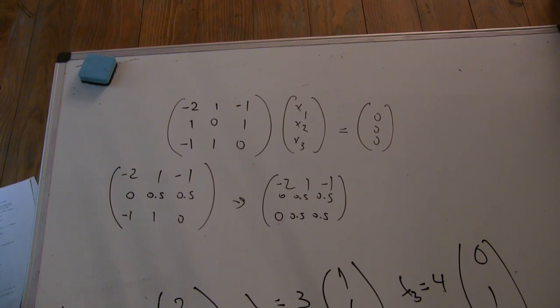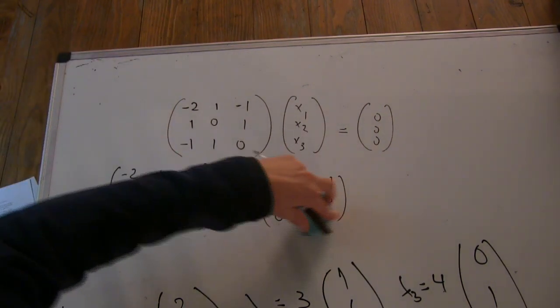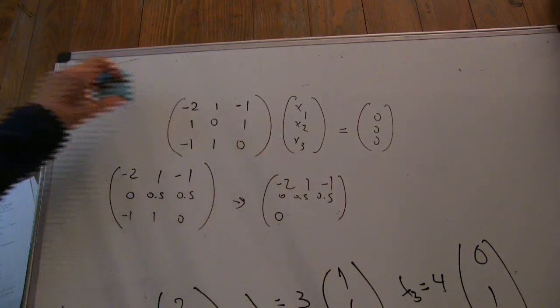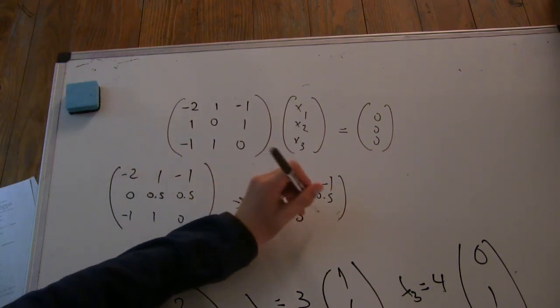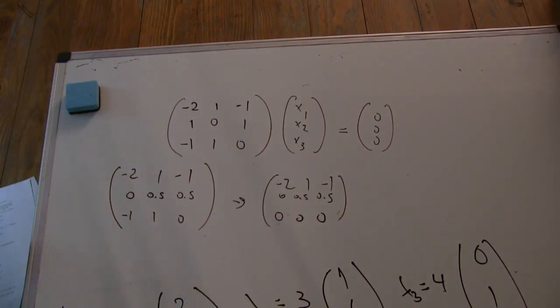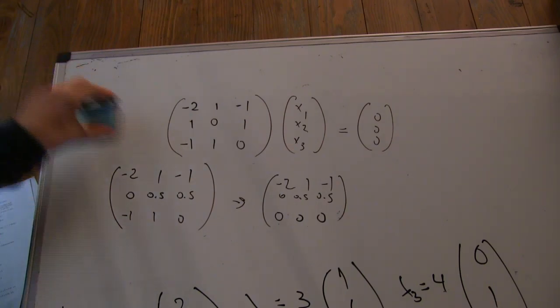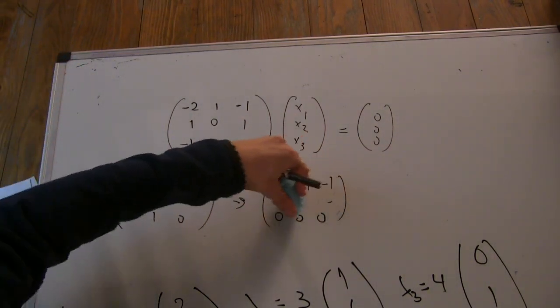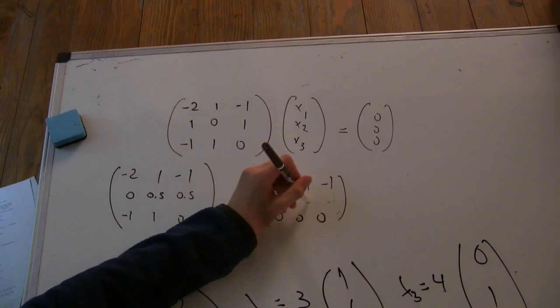So then the third row we can subtract the second row away from the third row and eliminate it to zeros. And then if you want, we can multiply this just to get it to 0, 1, 1.